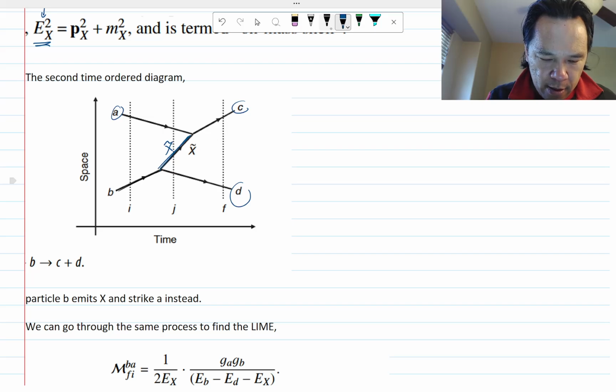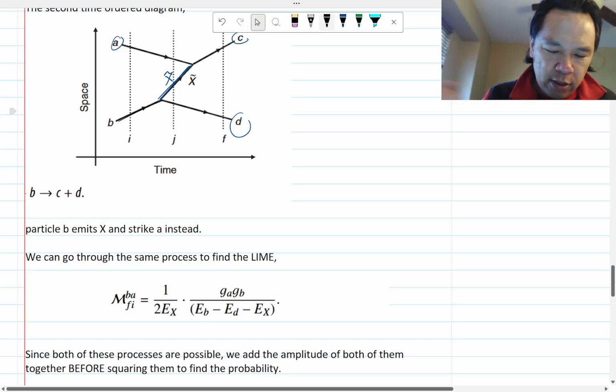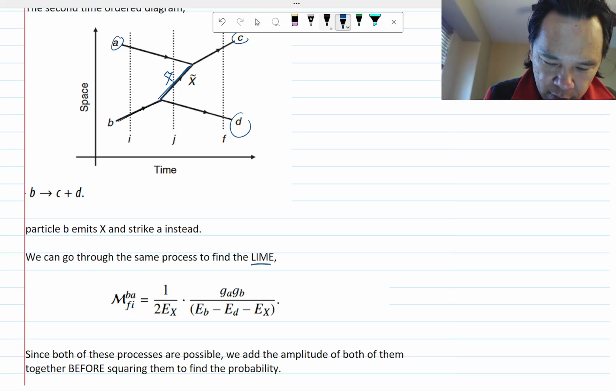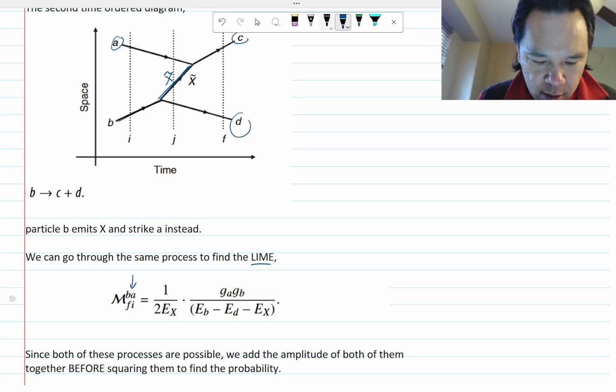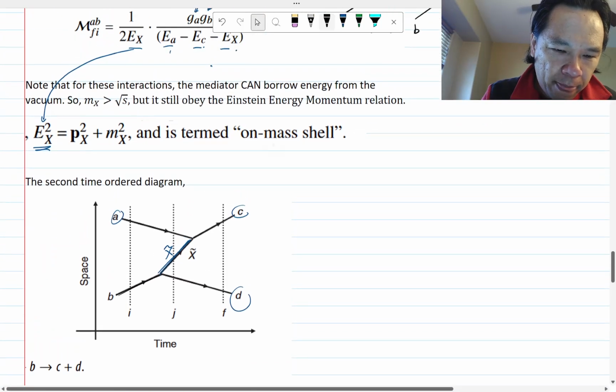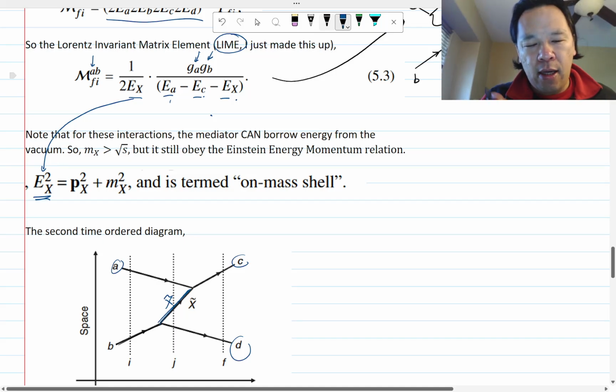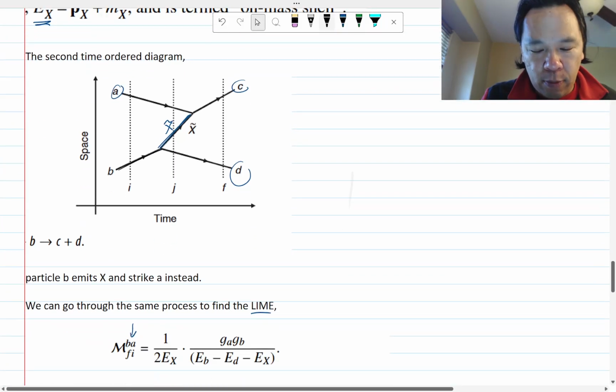We go through the same process and calculate the Lorentz invariant matrix element once again. What happens is that this will be labeled MBA, because B is the one that emitted the photon first, where the other one is MAB, because in that case A is the one that emitted the X particle first.